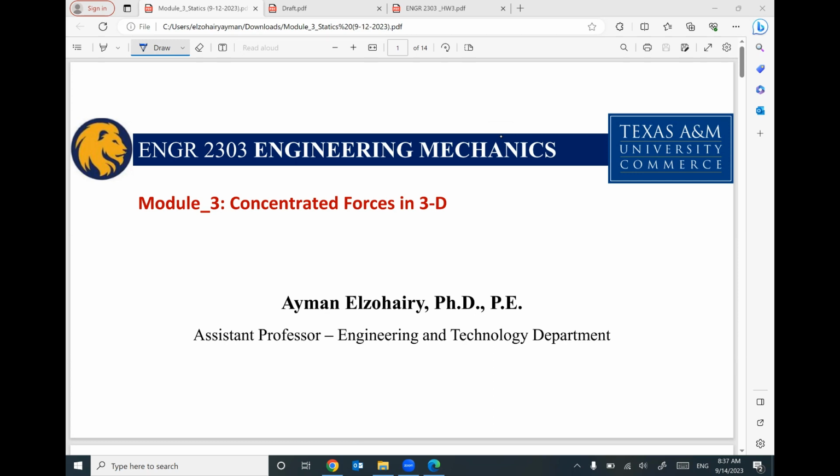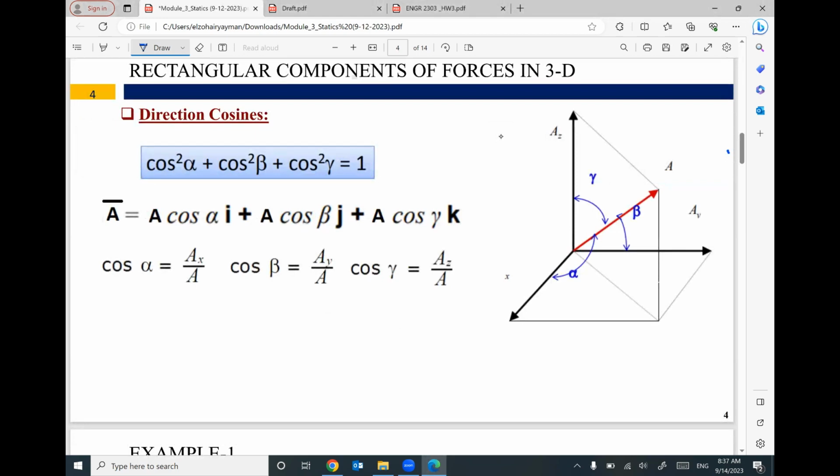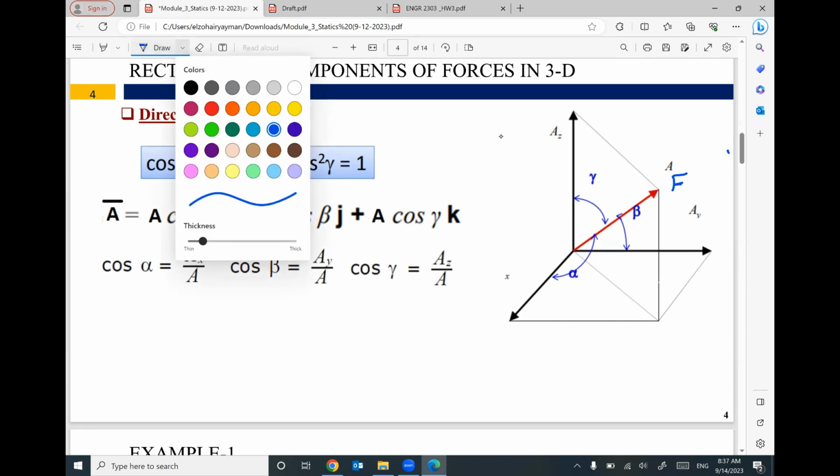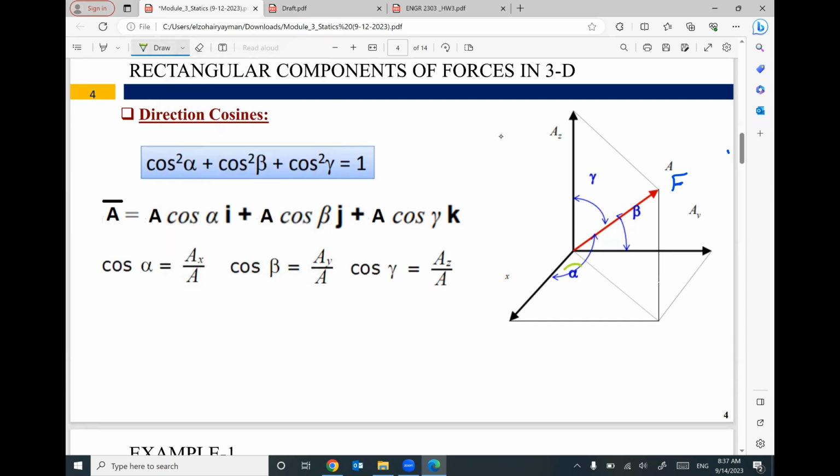So good morning. What happened on Tuesday? We started talking about concentrated forces in 3 dimensions. And we have the first case. If you are given a force and this force is given with 3 angles, alpha, beta, gamma.